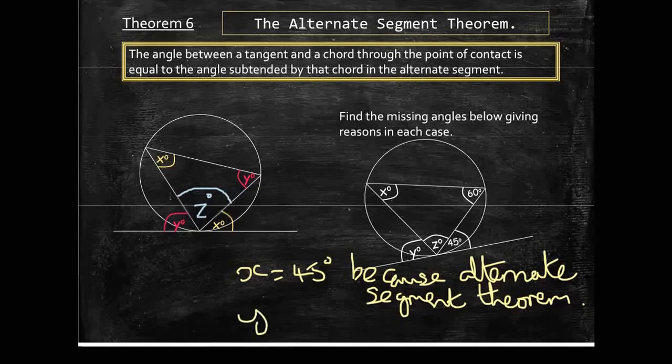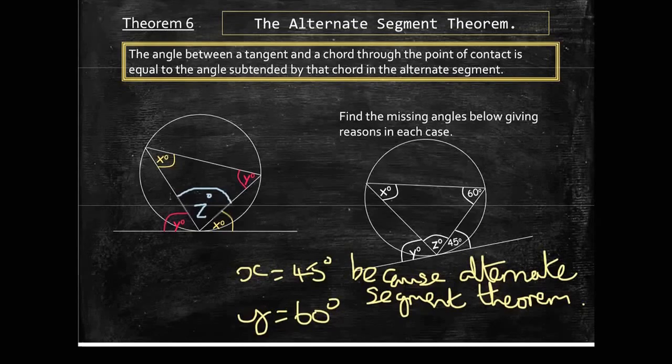y is, again, opposite that, 60 degrees. Same reason, because of the alternate segment theorem. Finally, angle z is the one like I was showing you just on the other side. You can do it in two different ways. You can either say angles in a triangle add up to 180, or angles on a straight line is your reason, whichever you prefer.